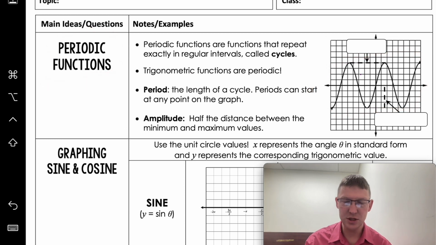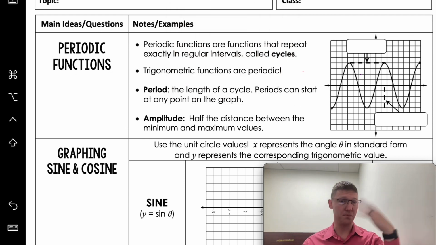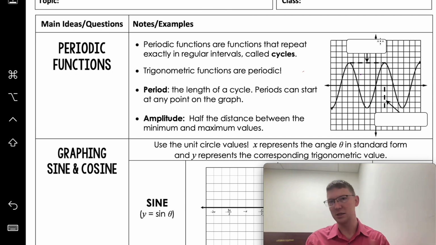I mentioned this is super helpful in a wide variety of different aspects, specifically things like science. If you've taken chemistry, you may have seen a graph like this talking about the electromagnetic spectrum. If you end up taking physics, electricity travels in waves.